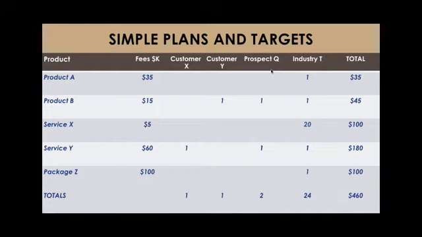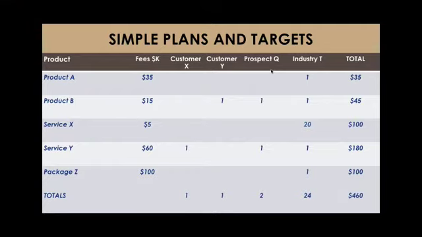For each of those products, we need to work out the average value of one of them. Then we can say how many of those product groups we are going to sell to these customers. So in the example here, for industry T, we've delivered 20 packages of service quality X at $5,000 each. So that's $100,000 in fees we've generated.